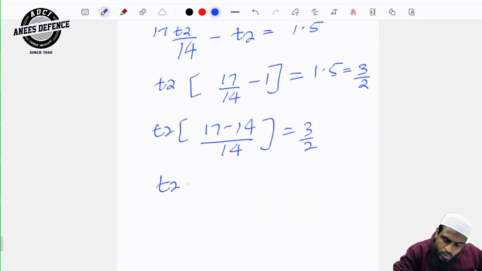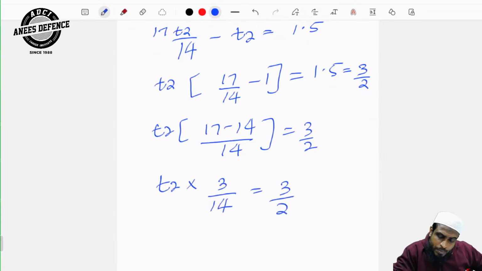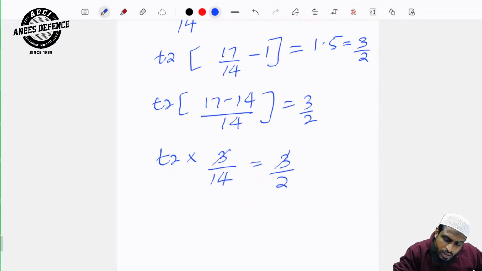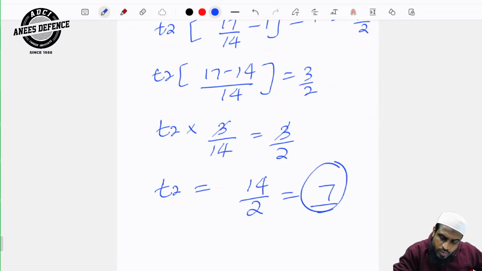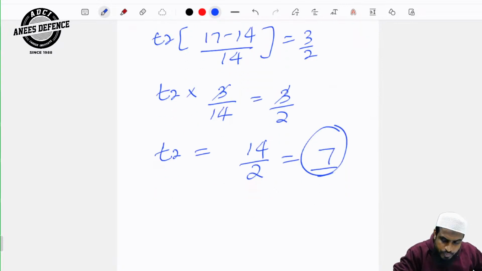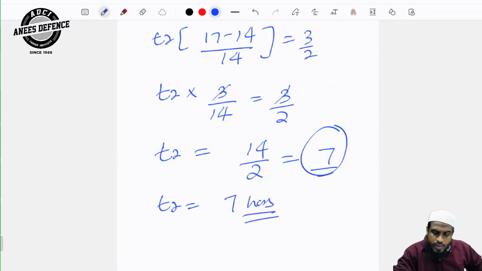So T2 into 3 by 14 equal to 3 by 2. So 3 gets cancelled. So T2 equal to 14 by 2. The answer will be 7. So T2 will be 7 hours.